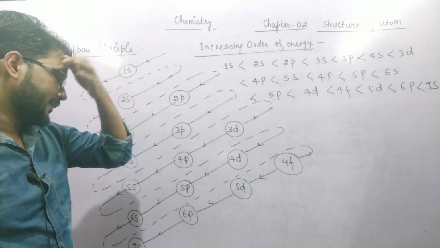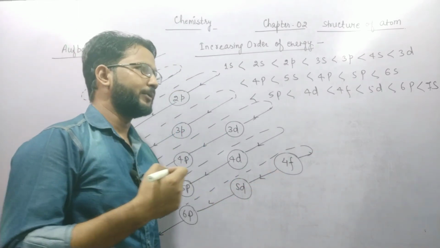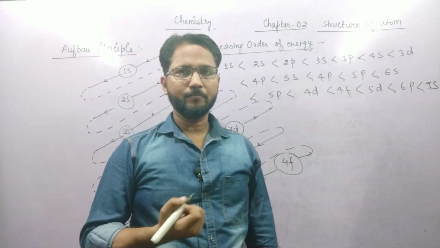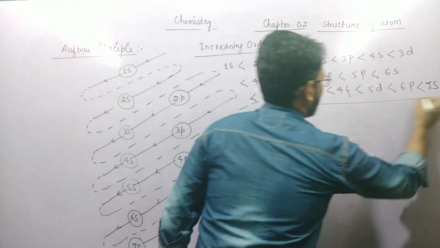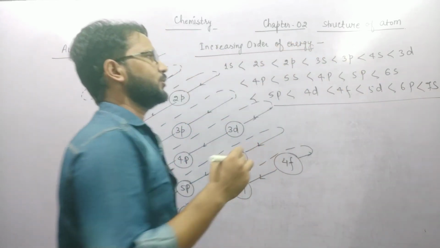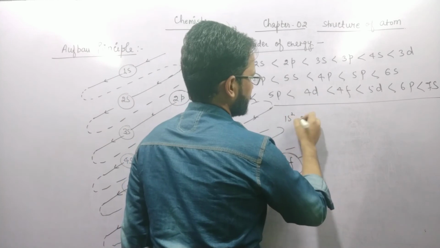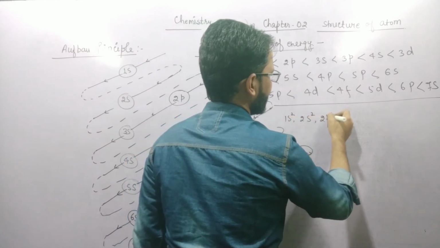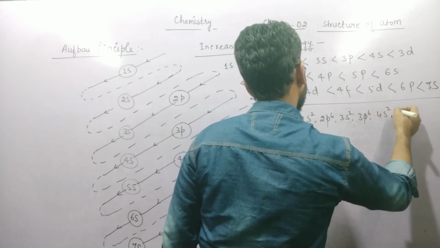Always remember that up to 30 elements, meaning those elements having atomic number up to 30, you should always remember the electronic configuration: 1s2, 2s2, 2p6, 3s2, 3p6, 4s2 and 3d10.